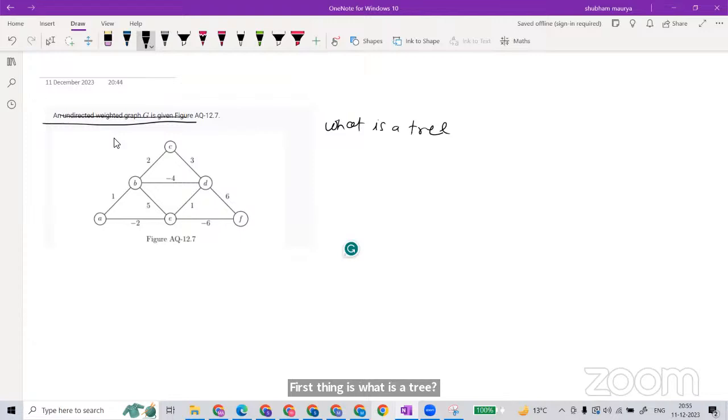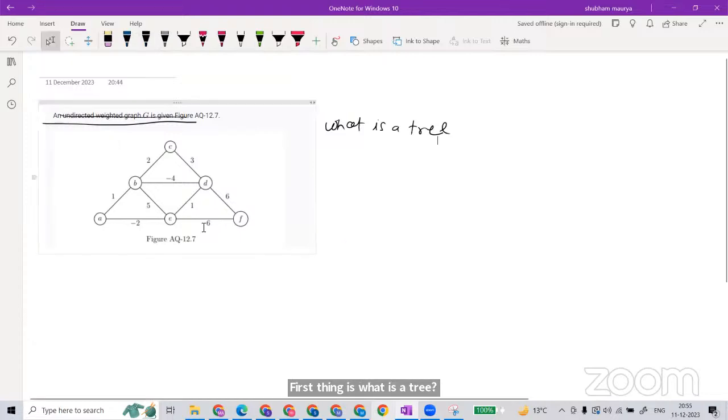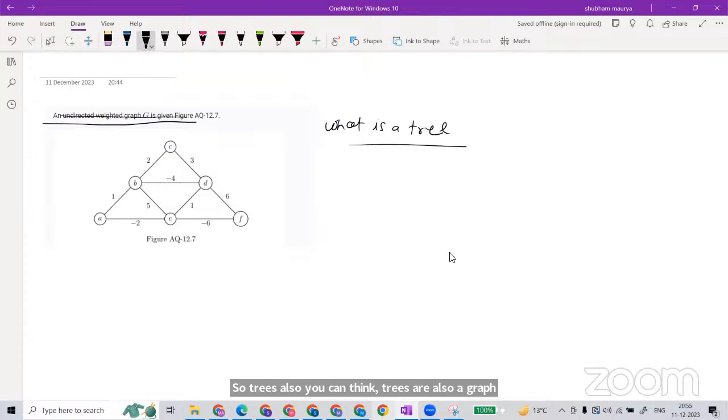A tree is also a graph, but it has some properties. We will think of an undirected graph here, and it will not contain any cycle.